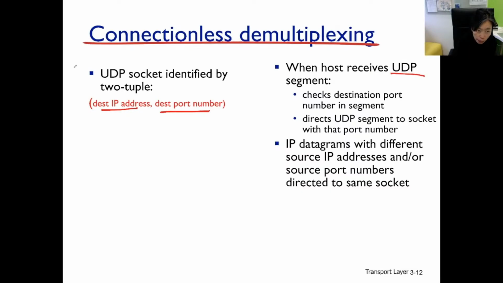So it's only a two-element tuple. When a host receives a UDP segment, it checks the destination port number in the segment and then directs the segment to the socket carrying that port number. And that's pretty much it.